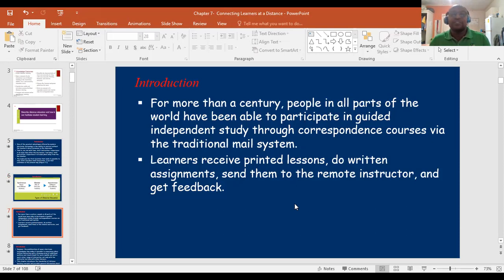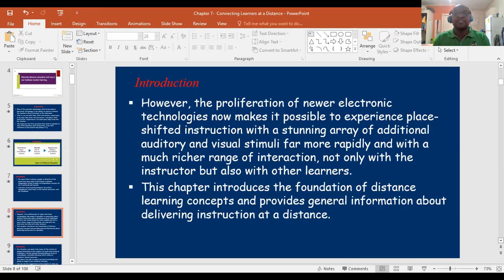If you ask your parents, much of what they did, especially at the highest education level in those days, was through correspondence, right? So learners receive printed lessons, they do written assignments, they send them to the remote instructor, and then that instructor is able to mark and give feedback to them in the quickest possible time, right?